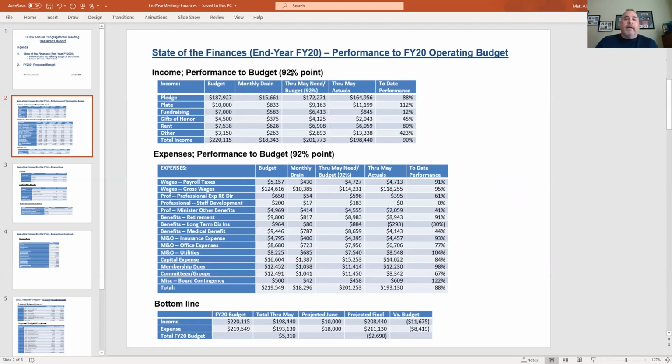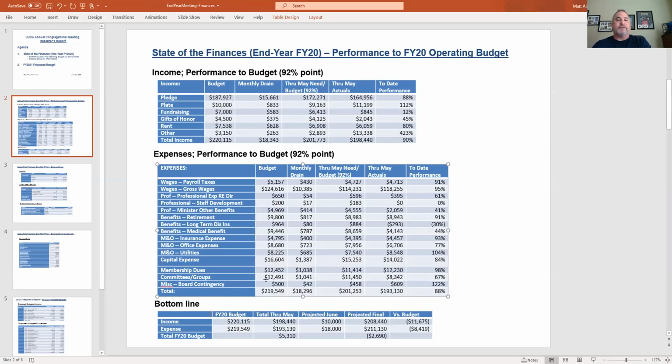We are at the 92% point in the year, which is 11 out of 12 months. Every budget has an income side and an expense side. We determine the expenses, and then we develop the income to cover those expenses. This first column on both charts is the budget for this fiscal year.